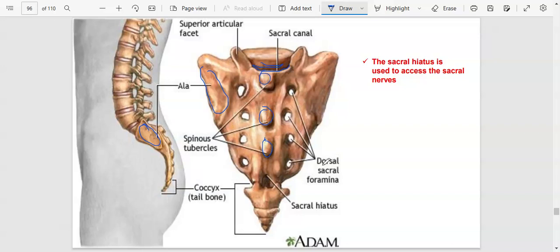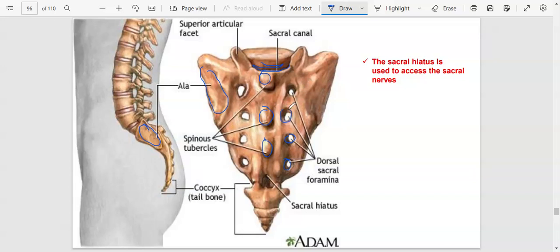So these are spinous tubercles. Okay, and then we have got dorsal sacral foramina. A foramen is just an opening. Of course, the word sacral just comes from the sacrum. Now, what of dorsal? Dorsal just means posterior, or back.